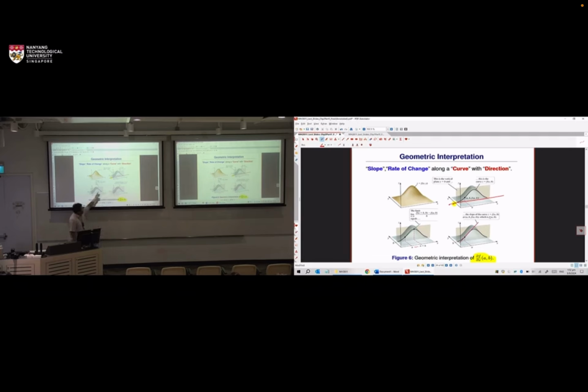So this vertical plane of y equal to b cuts the mountain. When it cuts the mountain, there will be a curve z equal to f(x, b) coming out. When you cut, it means an intersection. The mountain and the vertical plane y equal to b intersect, and definitely a curve will come out.